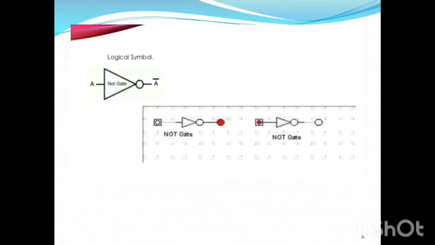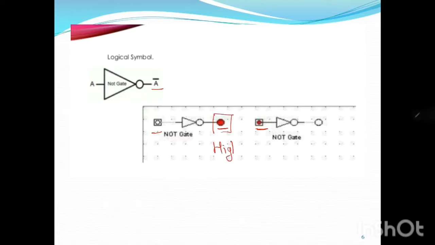Logically it is represented like this: when A is the input, output is the complement of the input. In a NOT gate, when input is low, output is high. It is represented by this red color, or you may say the light is on. When input signal is low, you are getting output high.